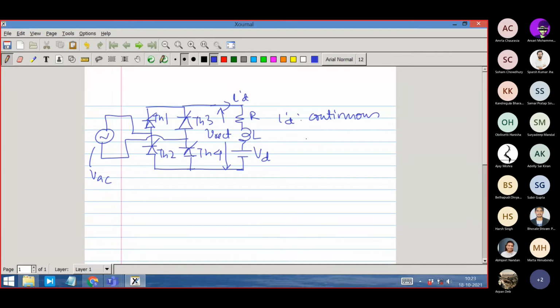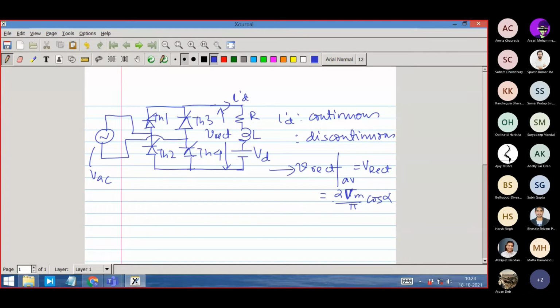So IT can be continuous or discontinuous. For continuous operation, V rectifier you can define. What will be the average value of V rectifier? We have found that V rect is equal to 2 Vm by pi into cos alpha.